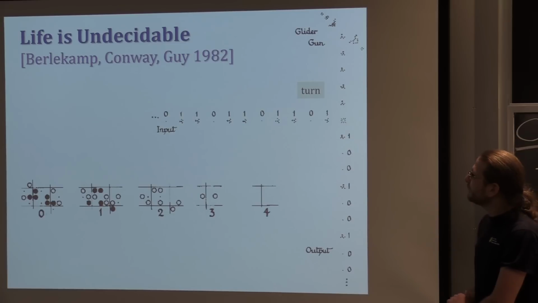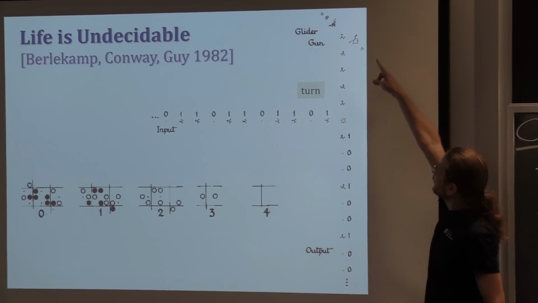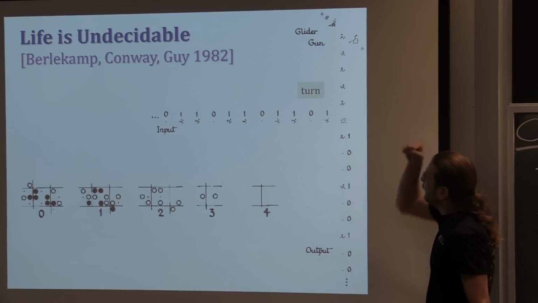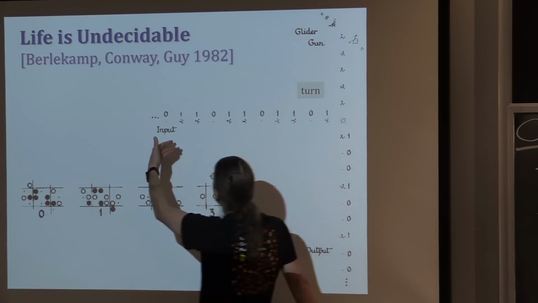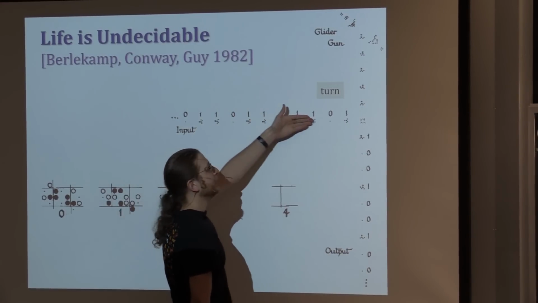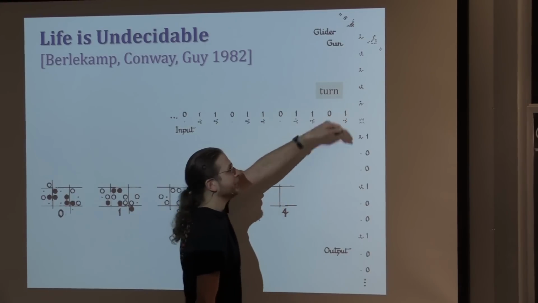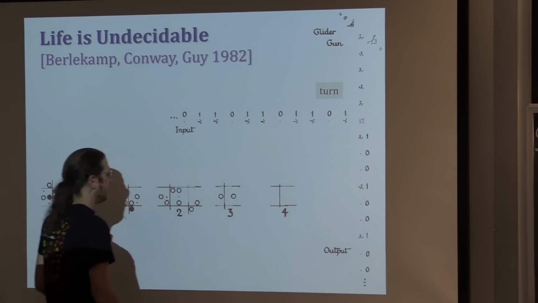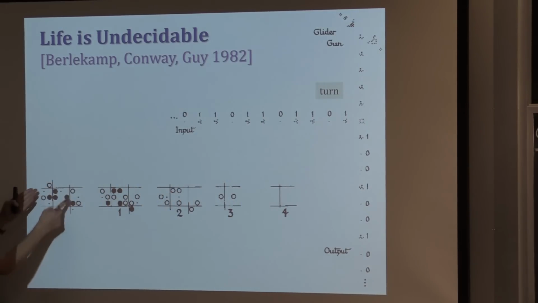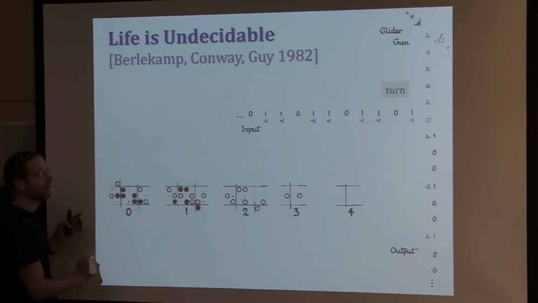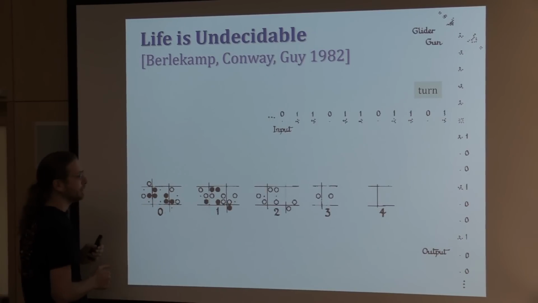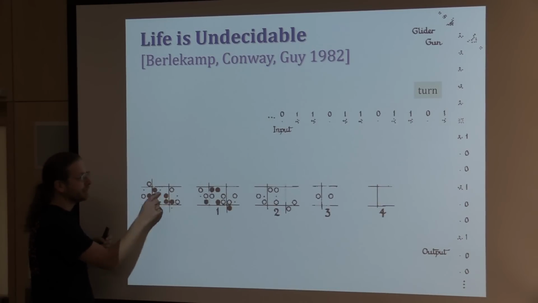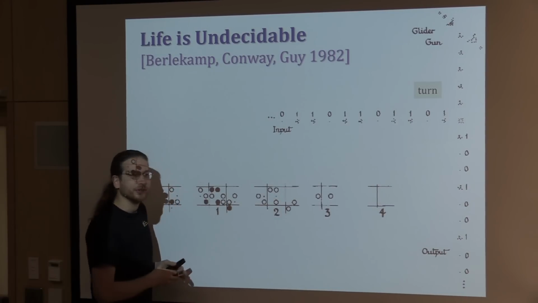Okay, so here's a fun thing you can do with a glider gun up top and a stream of bits. So if you have a stream of bits coming in here, and you have a glider gun shooting 1, 1, 1, 1 down, then if you set up your gliders with the exact right offsets, so I've got to shift that gun to be precise, when gliders hit each other, they annihilate each other.